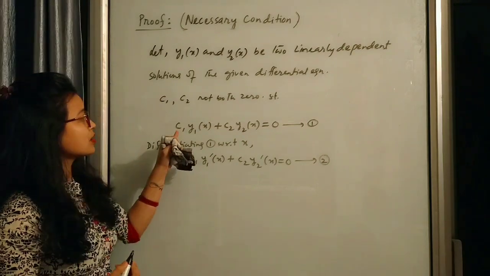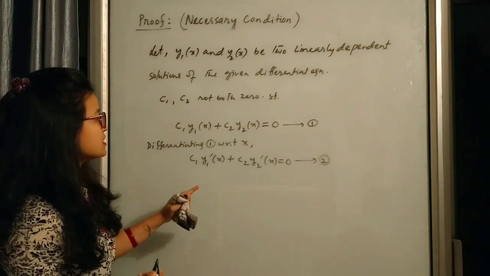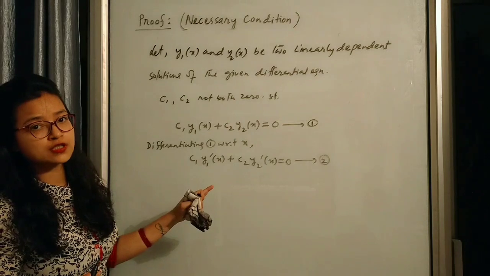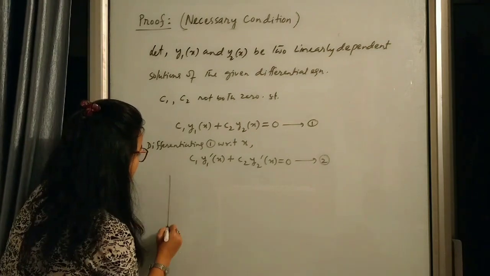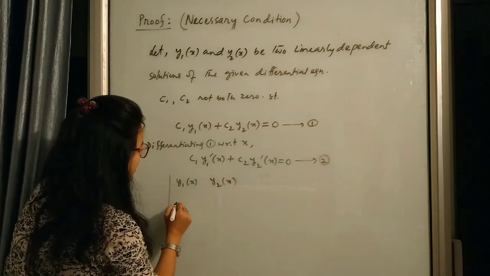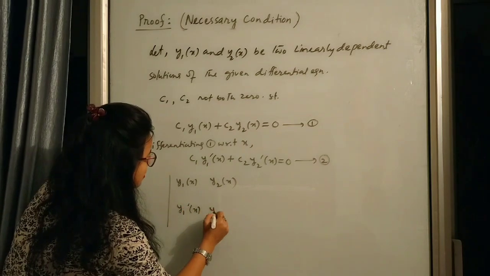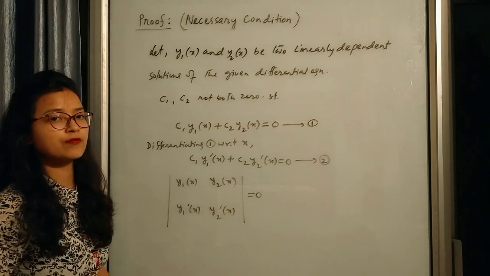As the constants c1 and c2 are not both 0, that means this system of equations has a non-zero solution. So for this, we must have the determinant of y1(x), y2(x), y1'(x), y2'(x) equal to 0.